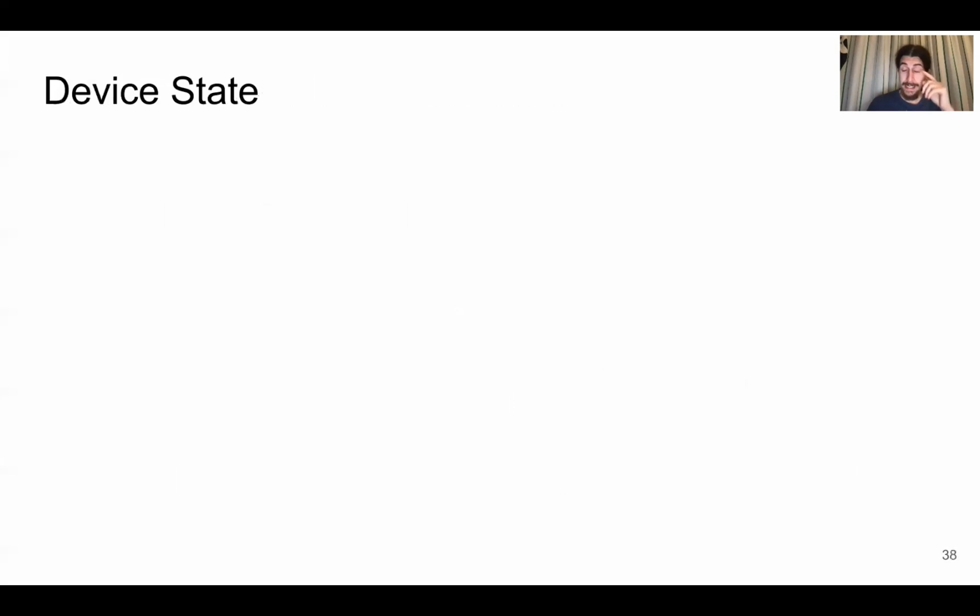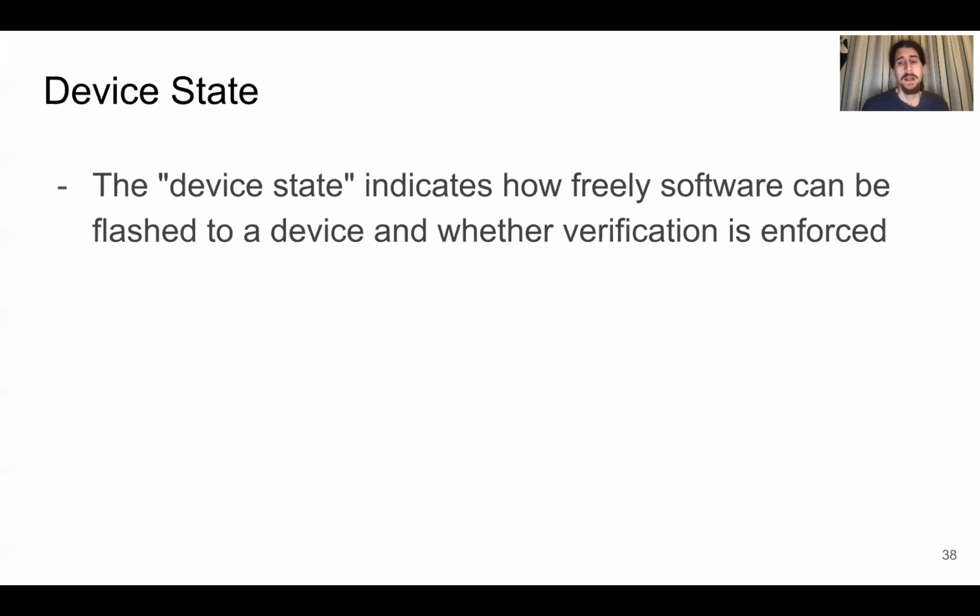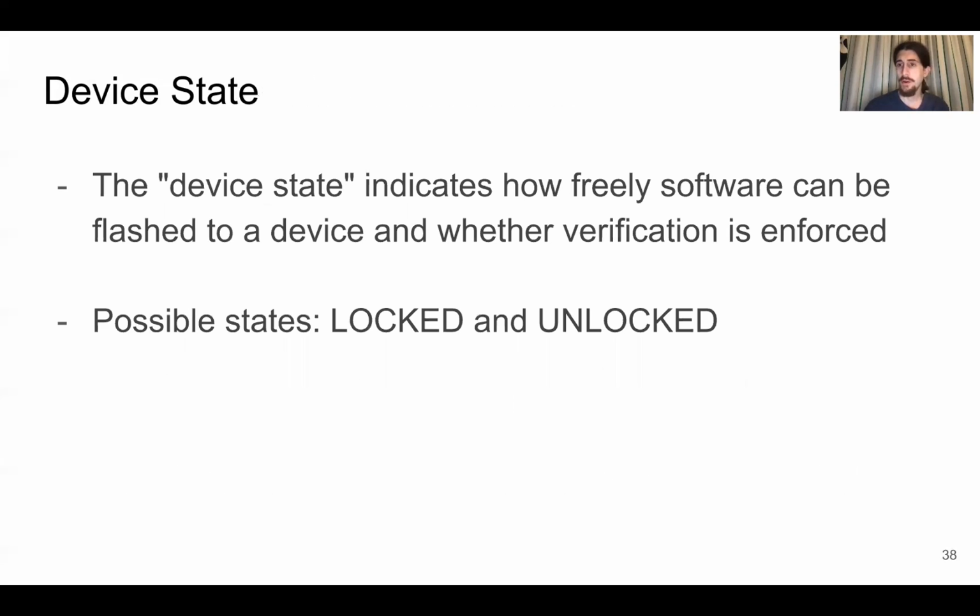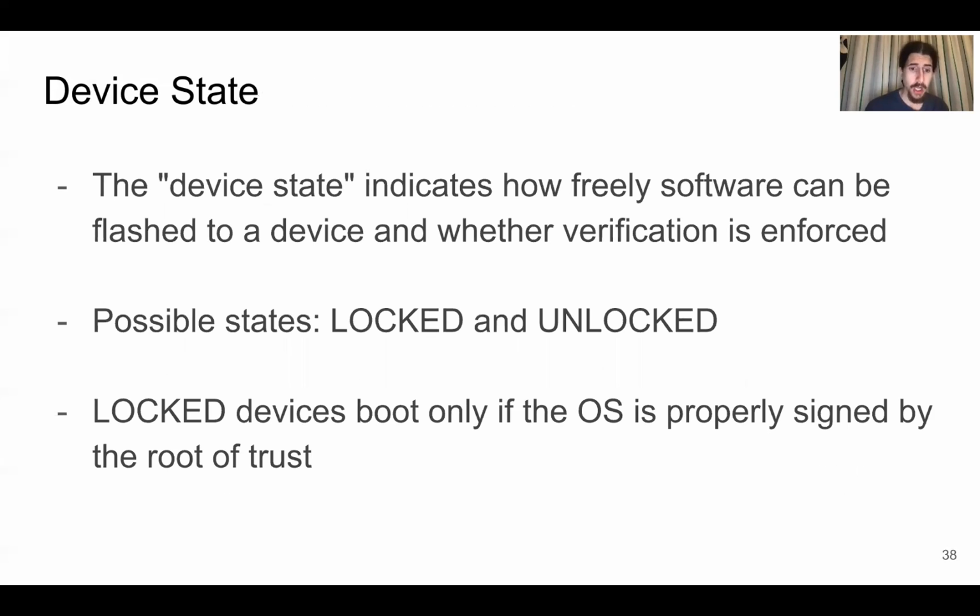All right, there is another concept related to this bootloader and unlocking and locking things called device state. The device state indicates how freely software can be flashed to a device and whether verification is enforced. Let's go a bit deeper on this. There are two states, fantastic names, locked and unlocked. Locked means that, again, it's a state.